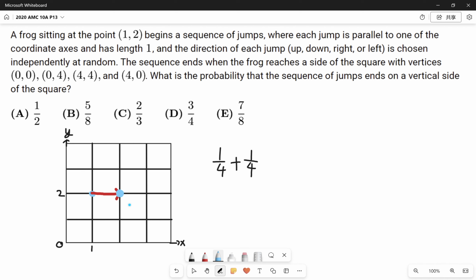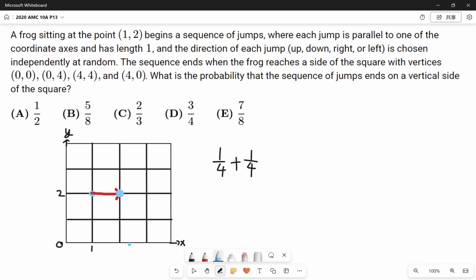So by symmetry, we know that the frog has an equal chance of ending up at any of the 4 sides. Why? Because its starting point is equidistant from all 4 sides.